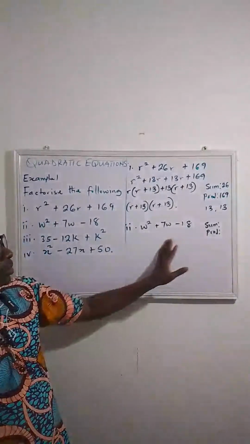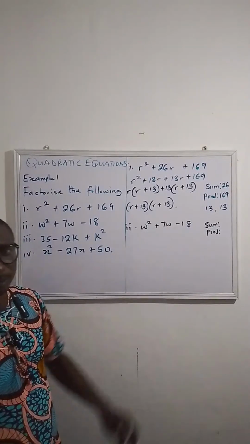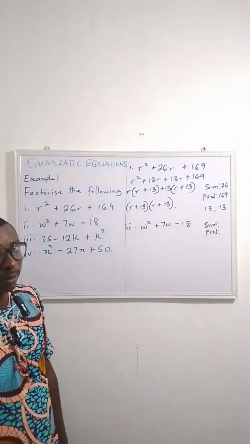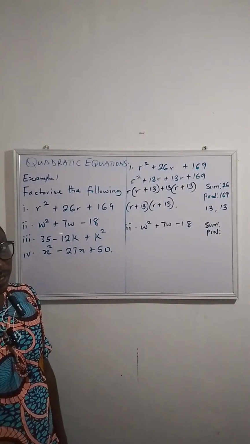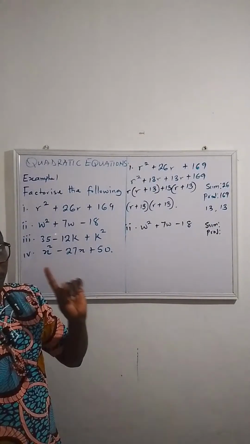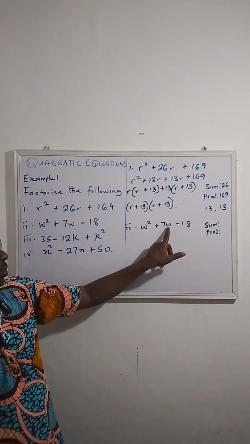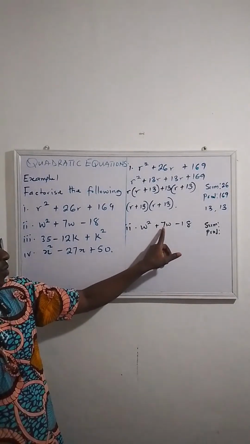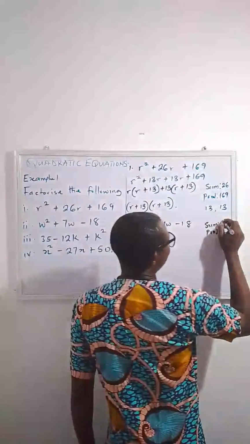Drop your answer in the comment section. Now the sum is the coefficient of the variable with a power of 1. The variable is w, so the coefficient of w is 7. So that means the sum is 7.